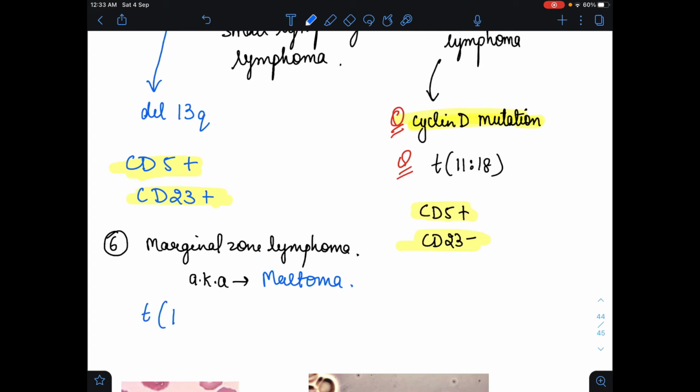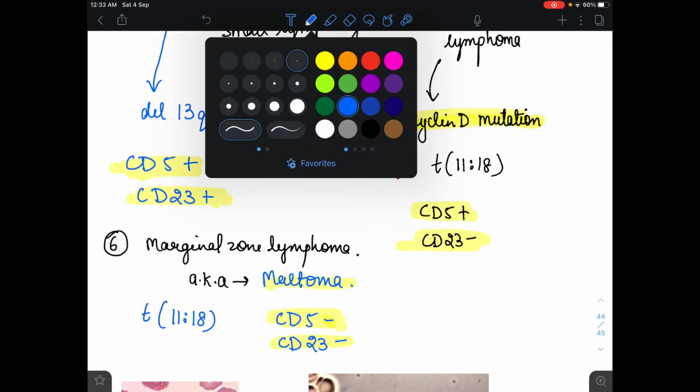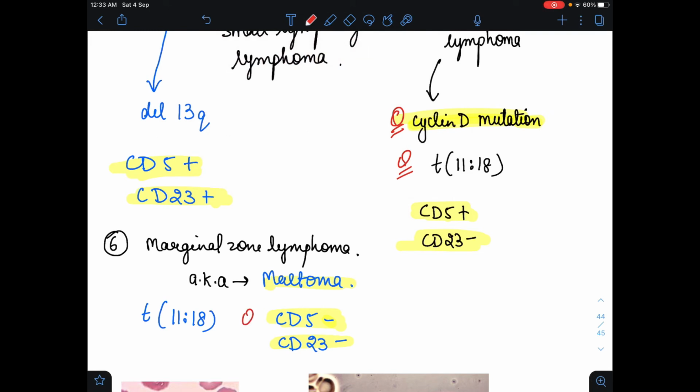In this we see the translocation 11:18, and we find both markers negative, CD5 negative and CD23 negative, in marginal zone lymphoma, or maltoma. Please remember that these translocations and markers are very important for the B type of non-Hodgkin lymphoma.